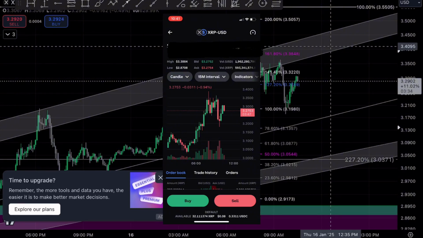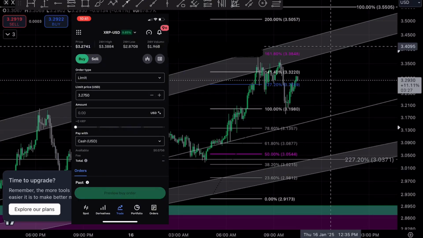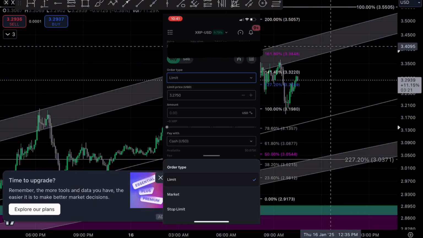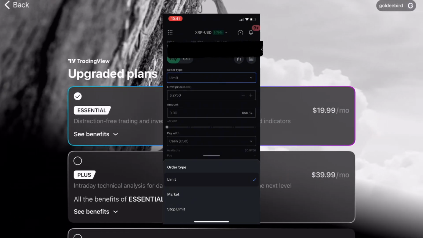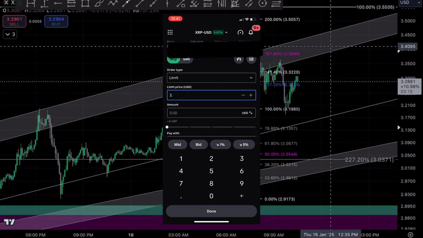So depending on what you're buying XRP with, let's say you're buying it with USD, you click on the buy button, and then you have your different types of orders: you have your limit, market, and stop limit.